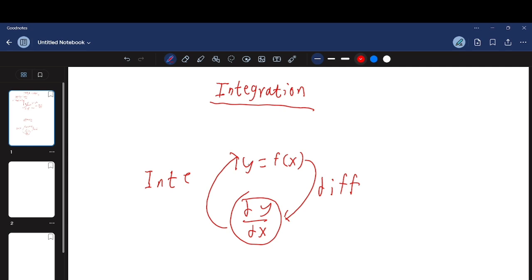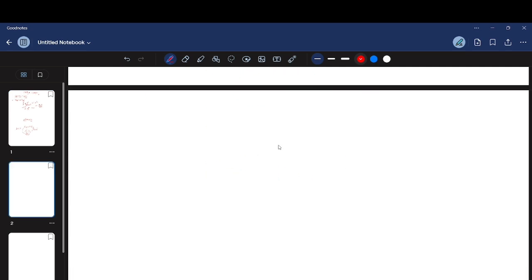So let's see one example. Let's say we have a curve called y equals x cubed plus 3x squared.